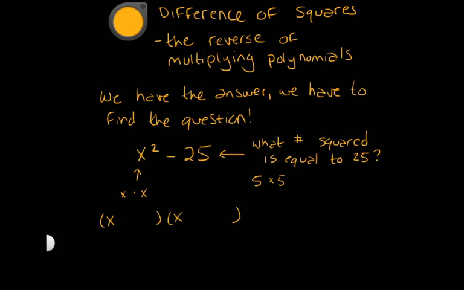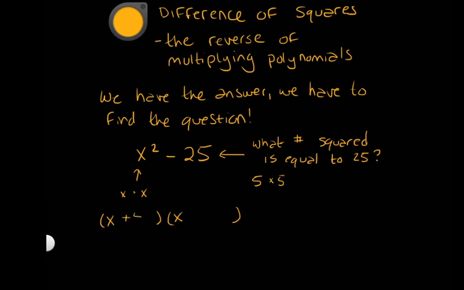Now, if these two numbers are going to multiply together to give us a negative 25, this is really important here that this is negative. So x squared minus 25. So what two numbers are going to multiply together to give me negative 25? Well, one of them is positive 5, right?